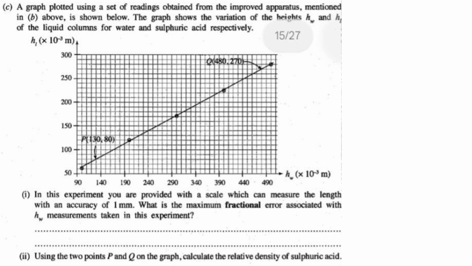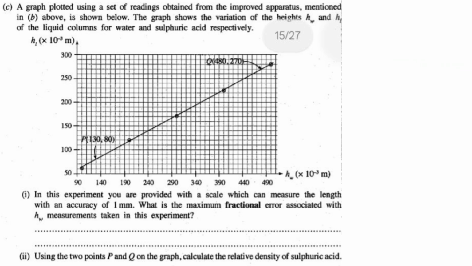Then part C. The graph plotted using a set of readings obtained from the improved apparatus mentioned in B above is shown below. The graph shows the variation of heights HW and HL of the liquid columns of water and sulfuric acid respectively.